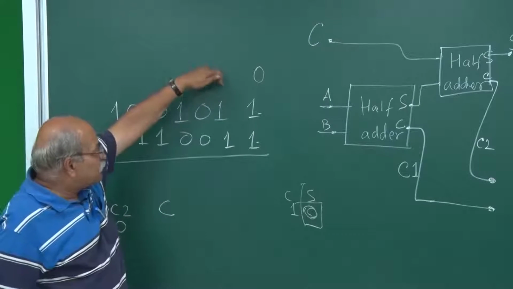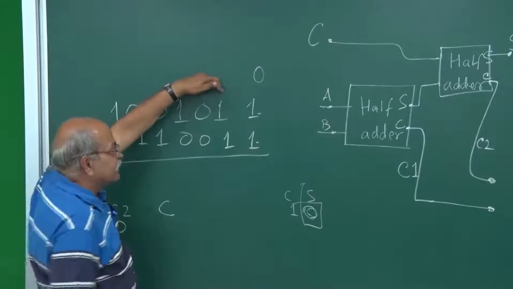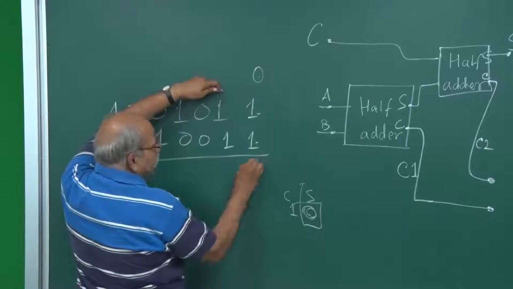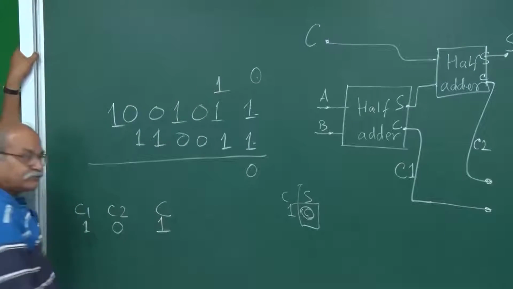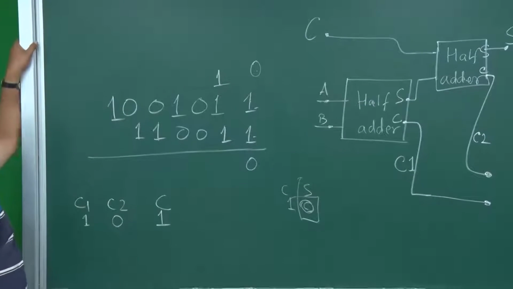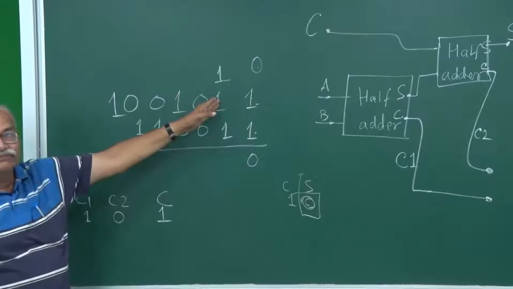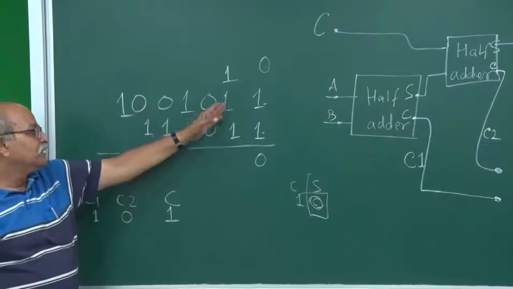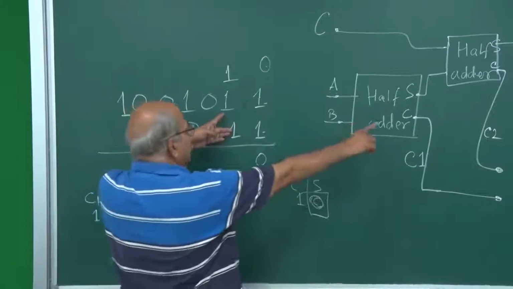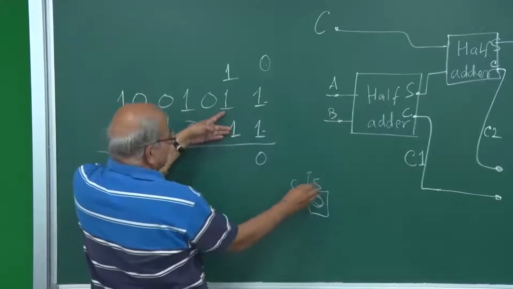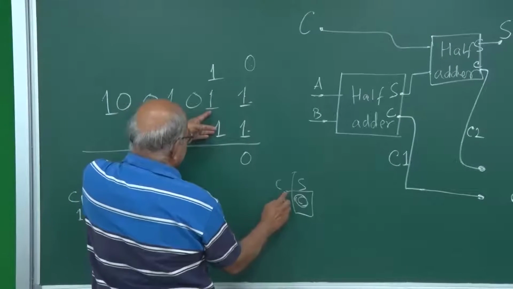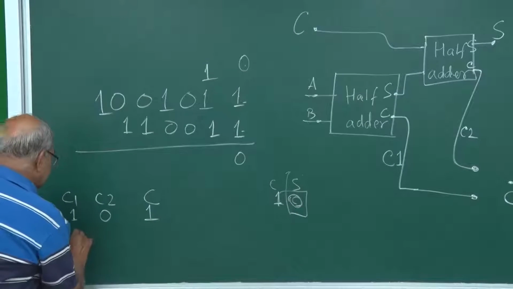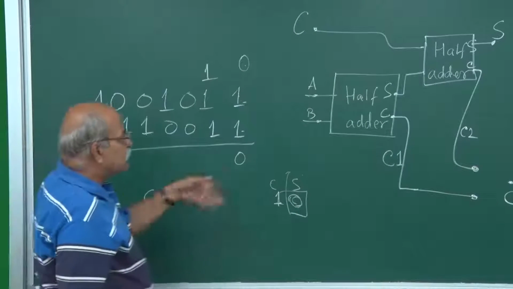Alright, and this position is C. So what is C here? This will give you 0 here, and this will give you 1 here. So C is 1. Next comes this column. A, B, when you half add, once again you get sum as 0 and carry as 1. So C1 is once again 1. And what is C2?